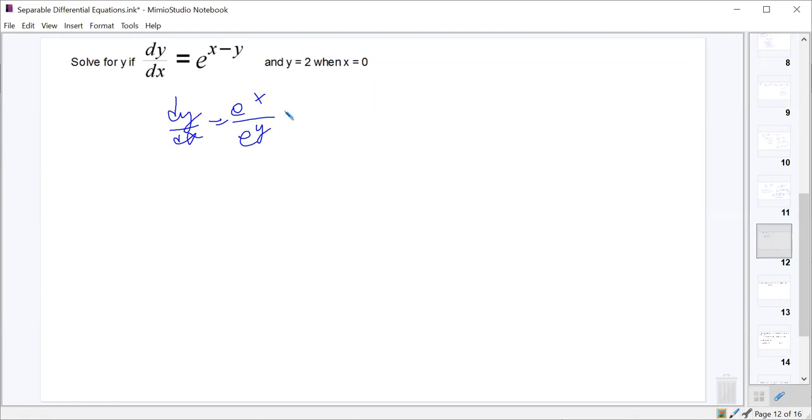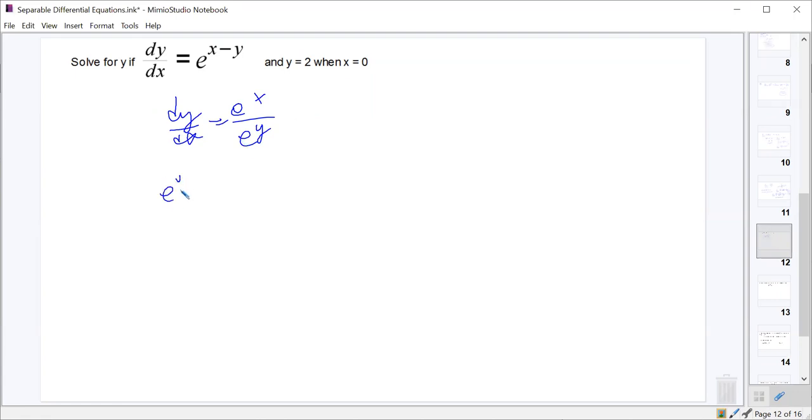But up to you. Right, e to the x over e to the y, that's just exponent rules. E to the x minus y should be e to the x divided by e to the y. That's just a basic exponent rule. Everybody good with that? Yeah.